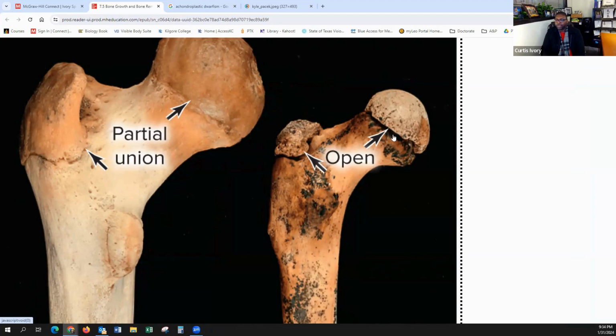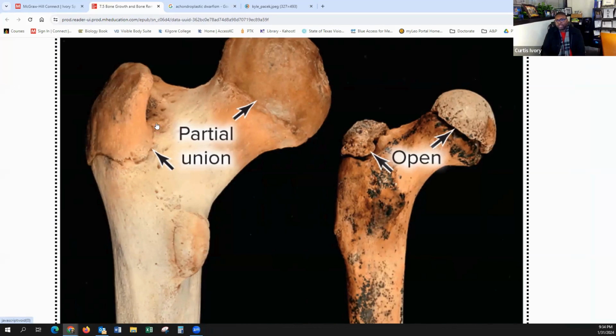That's why there's a big gap right here. However, in this left one here, we see that it was completely fused, which fusing just means that they have come together and become one solid structure. So this one on the left here would be an adult, and this one on the right here would be a child.